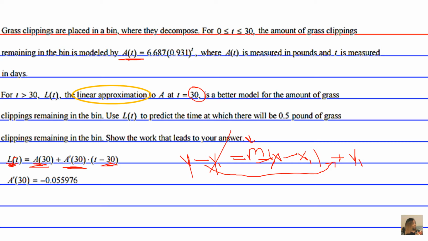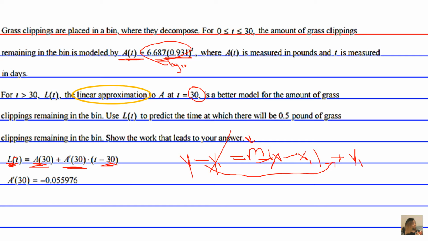All you basically do is take the derivative of this equation. You factor out 6.687, and the derivative is going to be 6.687 times 0.931 to the t over the log base 10 of 0.931.